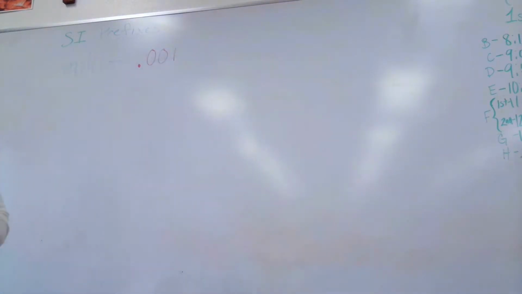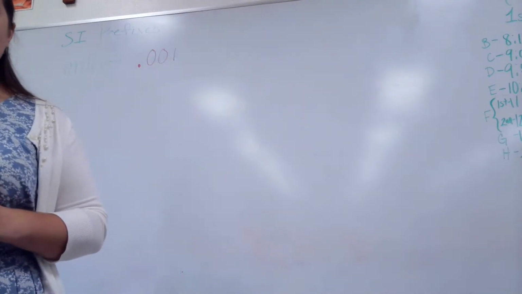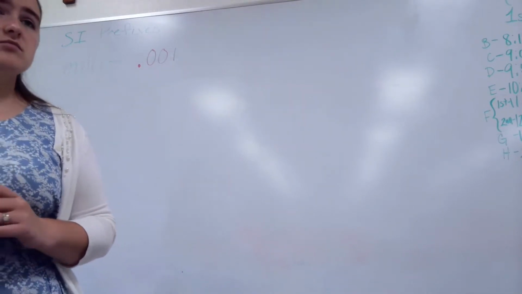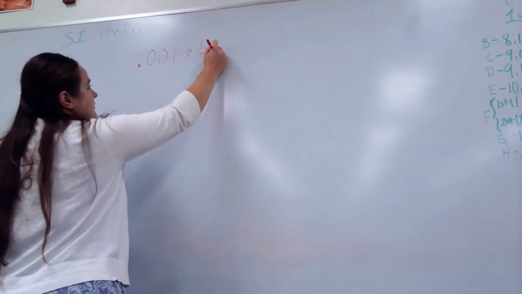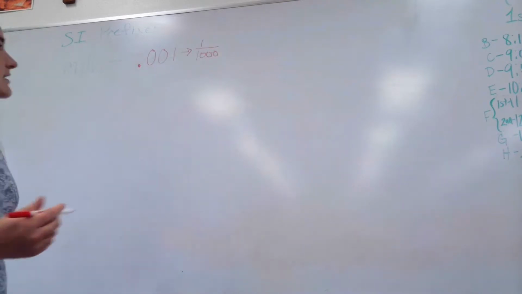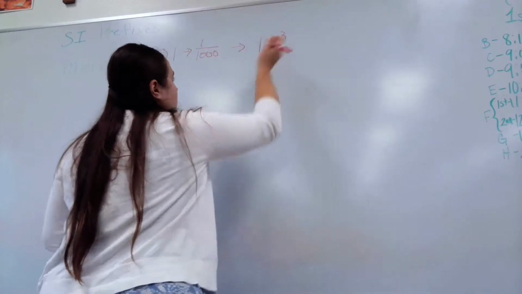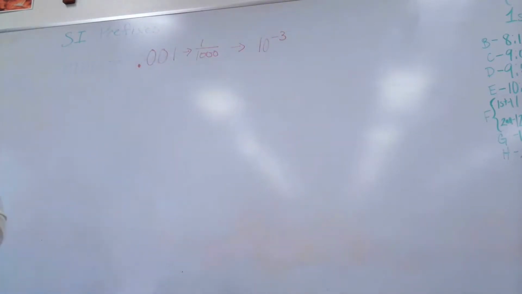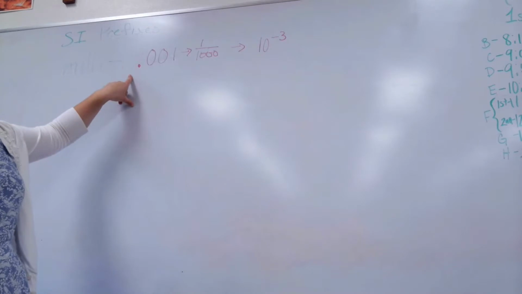So it's going to be 0.001 of whatever it is that you're talking about. This is also equal to 1 over 1,000, if you like that better. If you want to write this in scientific notation, which sometimes is easier, it's going to be 10 to the negative third. Just a refresher, negative powers of 10, move your decimal place this way. Good?